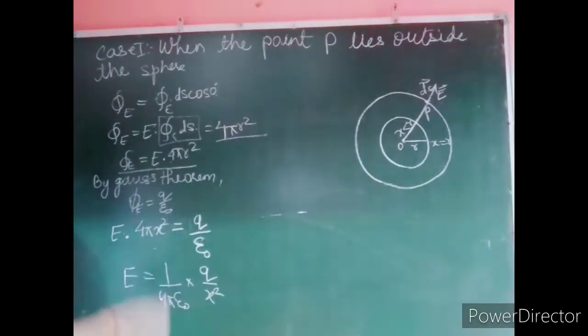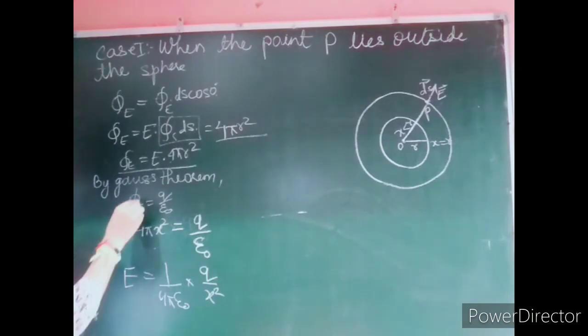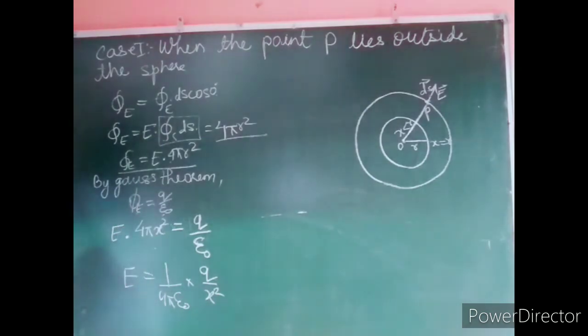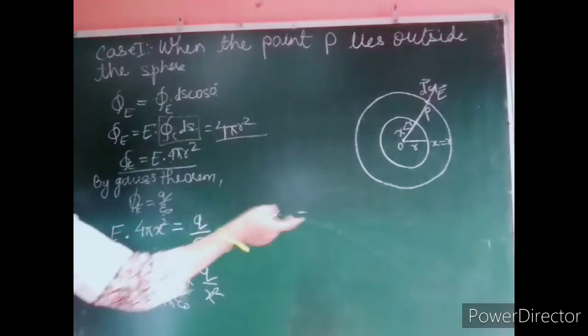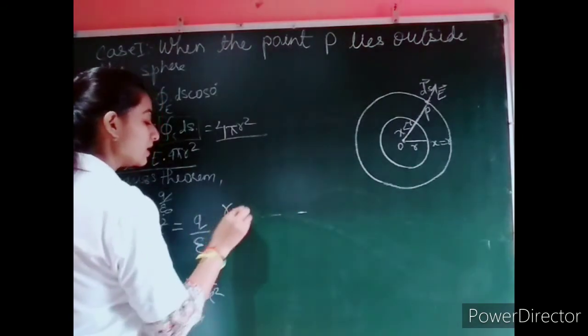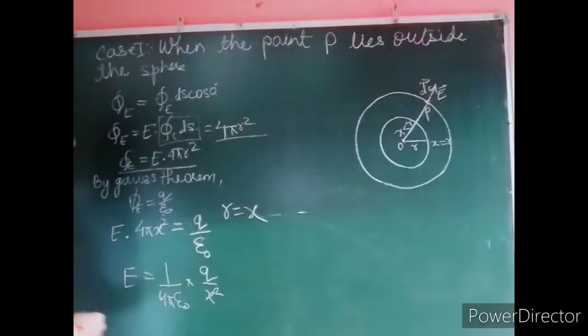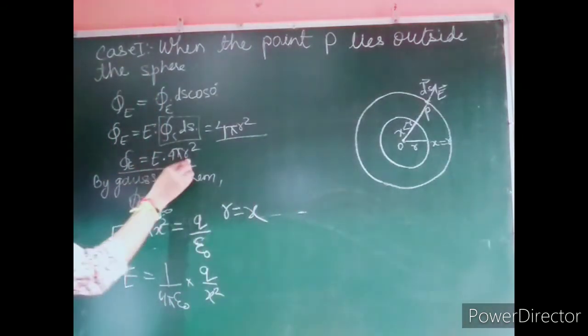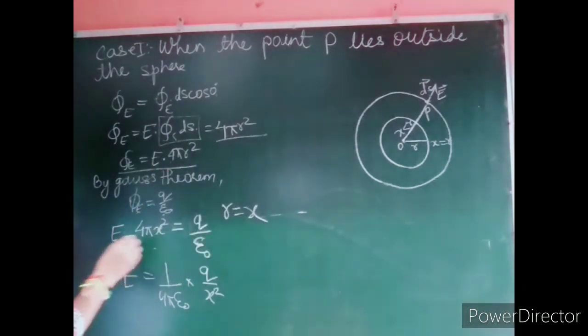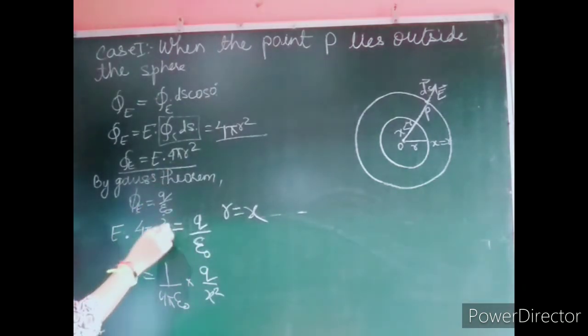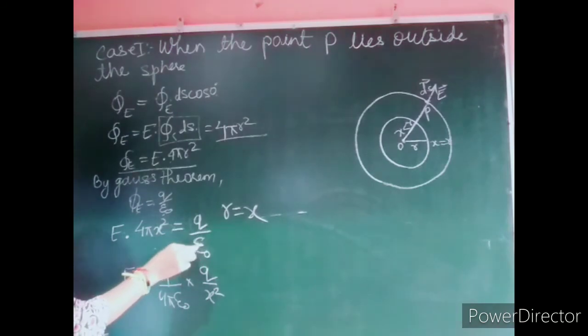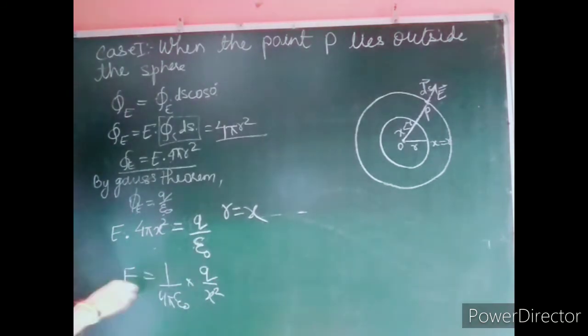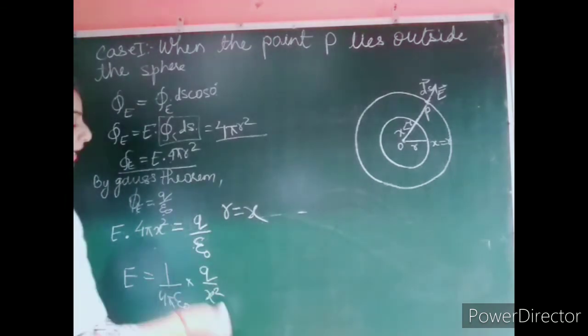Now we have written E into 4 pi r square. By Gauss theorem we have phi E is equal to q upon epsilon 0, and from here we can see that r is equal to x, so we can put r is equal to x: E into 4 pi x square is equal to q upon epsilon 0. E is equal to 1 upon 4 pi epsilon 0 into q upon x square.